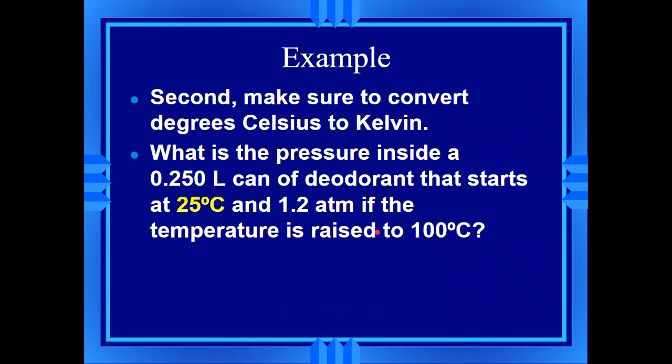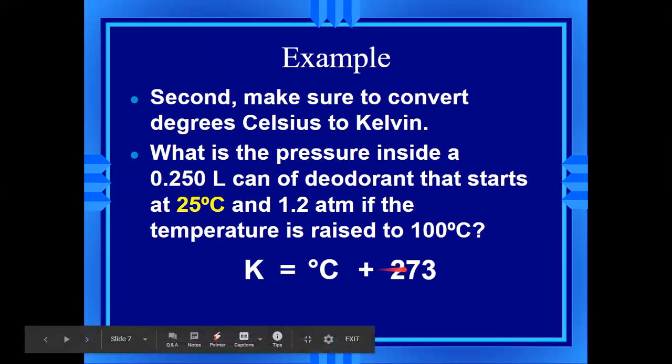The next thing you want to do is convert all of your degrees Celsius into Kelvin. Remember, when we're dealing with gas laws, temperature always has to be in Kelvin. In order to do that, you have to add 273 to your degrees Celsius.